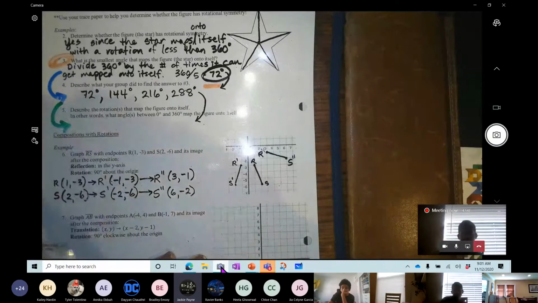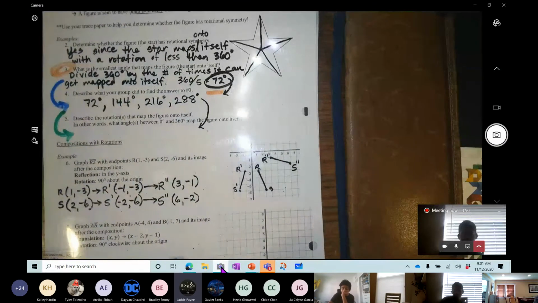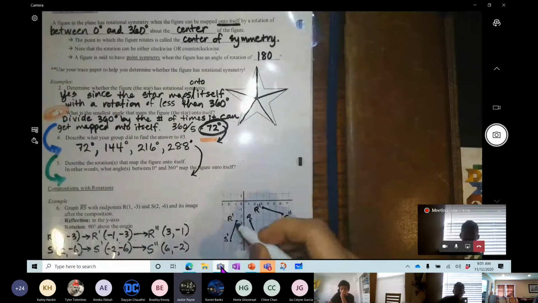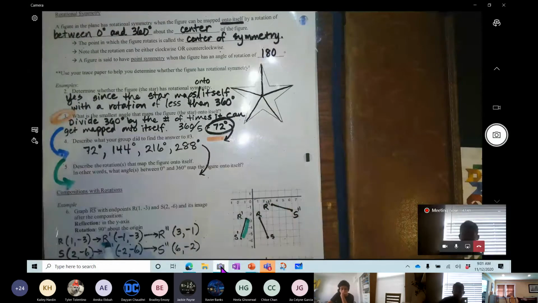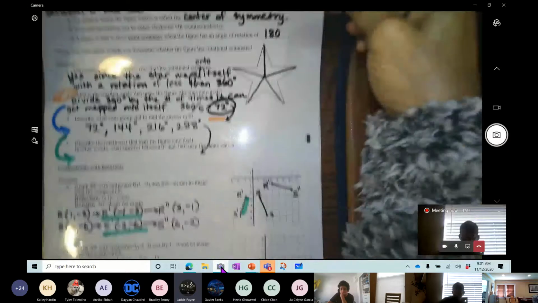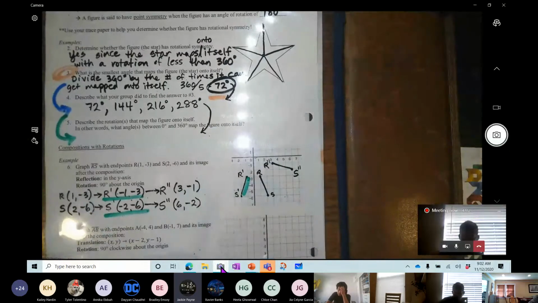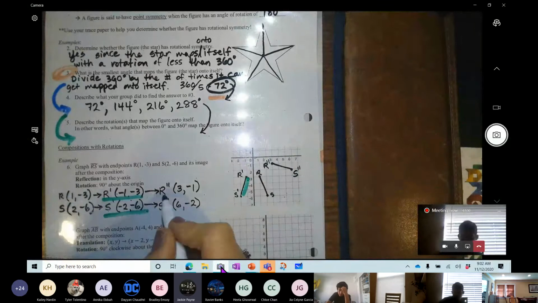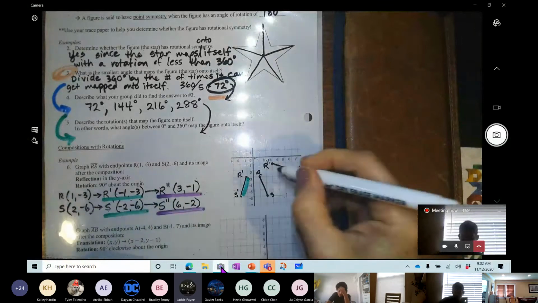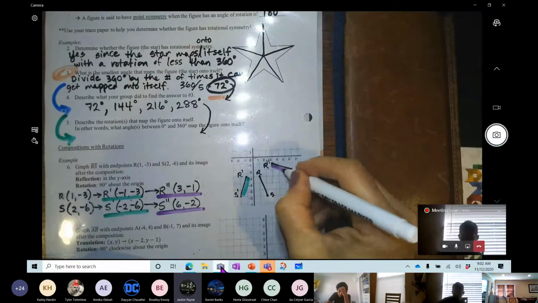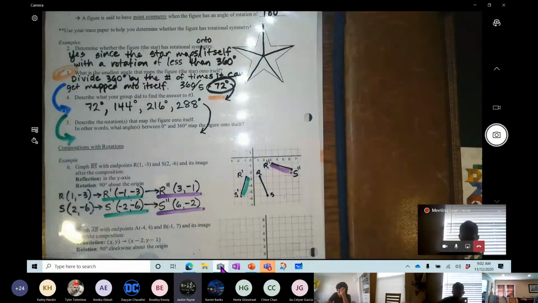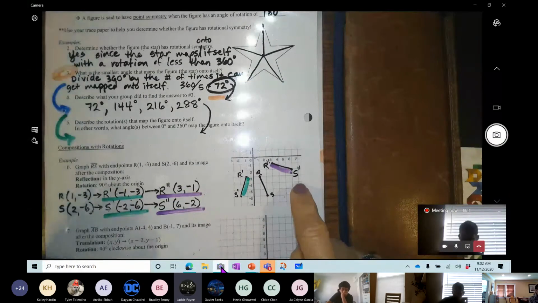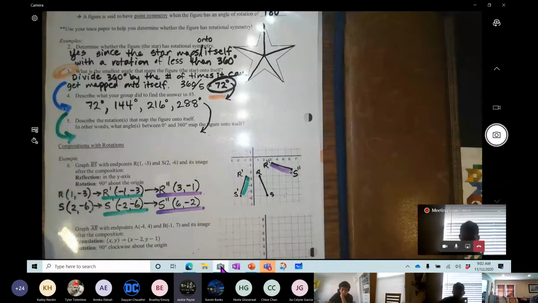If it were me in my notes, I'd be making these green, and I would probably make these some other color, or if I had a highlighter, I would make them purple. So that would really visually clue me in that this is the first transformation, and this is the second transformation, because I would need that.